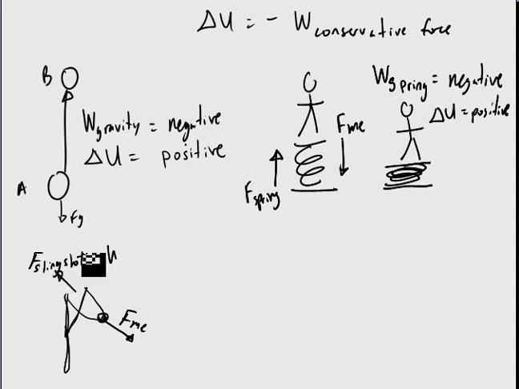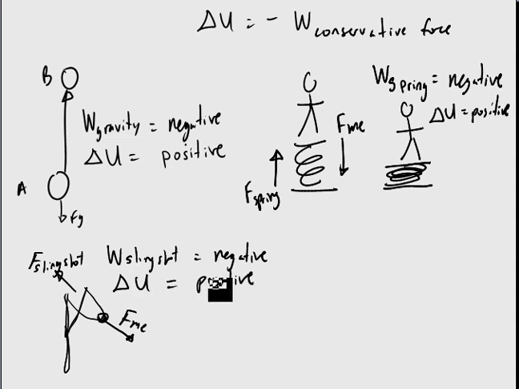Right, so then in some way the work that the slingshot does is negative. So the change in potential energy is positive. Right, so all three of these are examples of conservative forces: the gravity, the spring, and the kind of elasticy rubber band type thing.